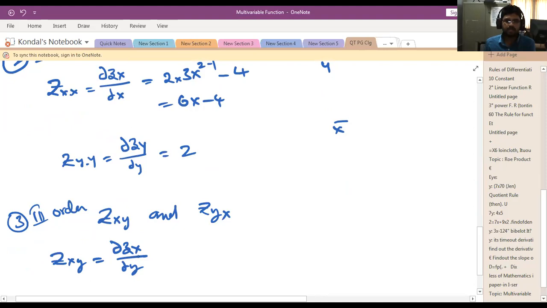See here, rate of change in zx due to change in y.